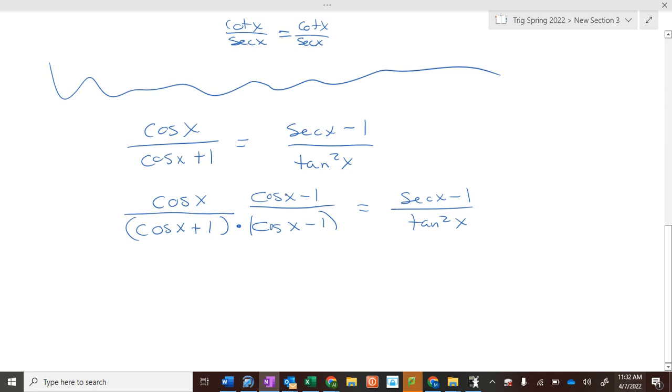I'm going to leave this separated on the top. So I'm going to go cosine of x times cosine of x minus 1 for right now. And on the bottom, I'm going to get cosine times cosine, which is cosine squared of x. Outer and inner are going to cancel, minus 1.